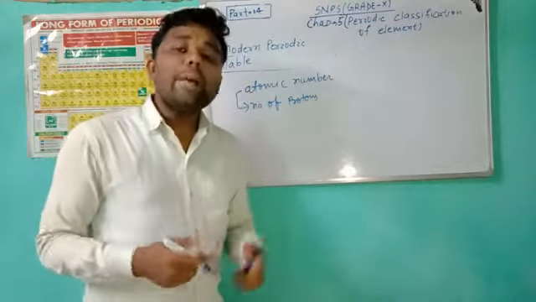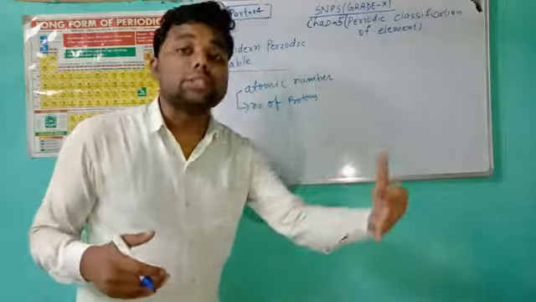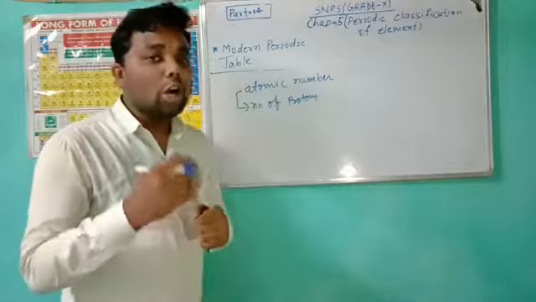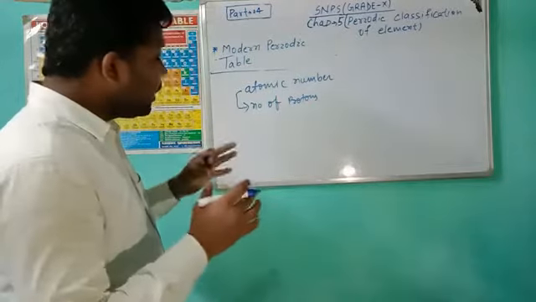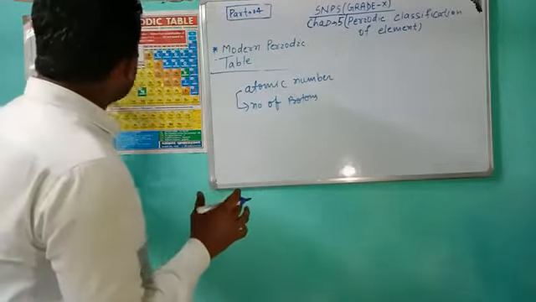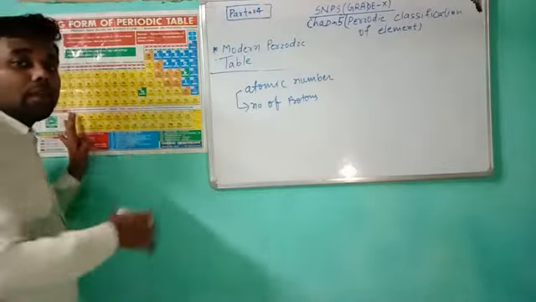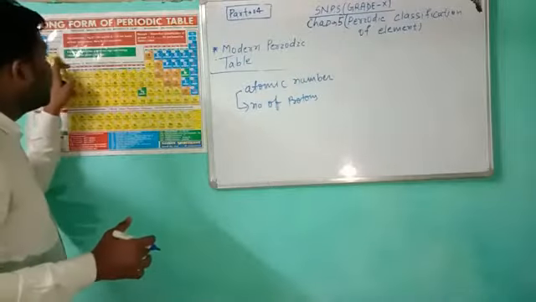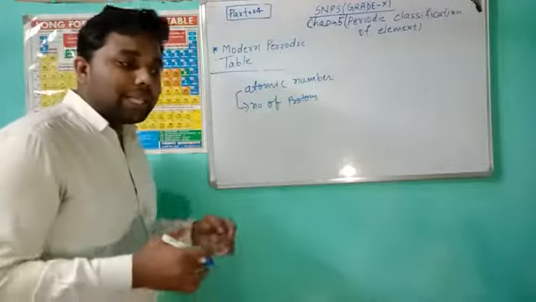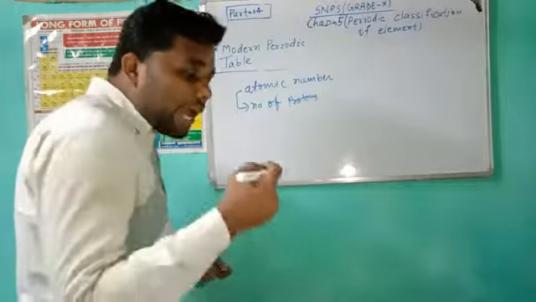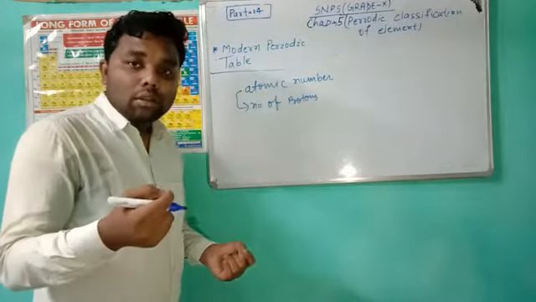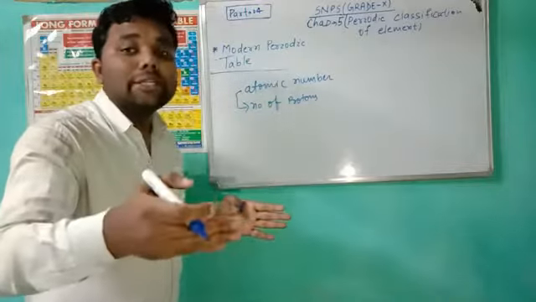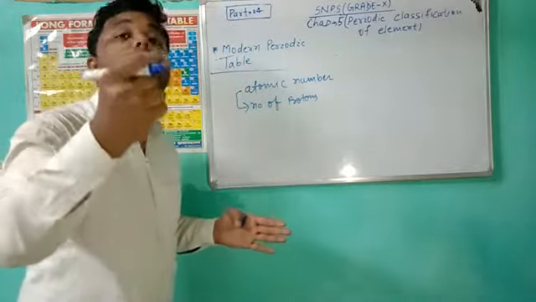This is more appropriate than atomic masses in order to classify the elements, because when we take some examples from this periodic table, hydrogen, helium, lithium, beryllium, boron, carbon, and so on, we can see that the atomic number increases from element to element by 1.